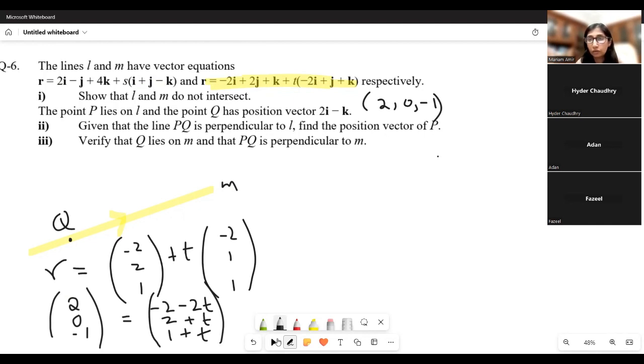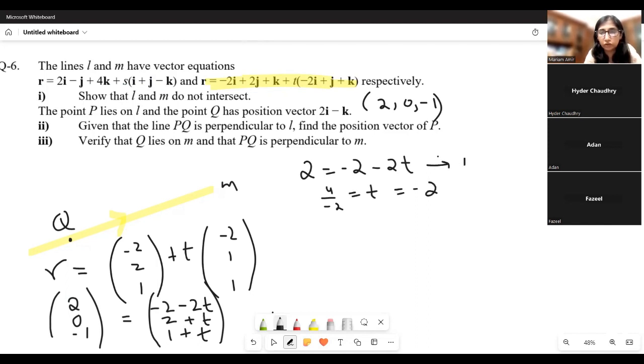If you get the same value of t for all 3 equations, that means yes, Q does lie on the same line. Okay. So when 2 is -2, so we have 4 divided by -2. So t comes out to be -2 for the first equation.